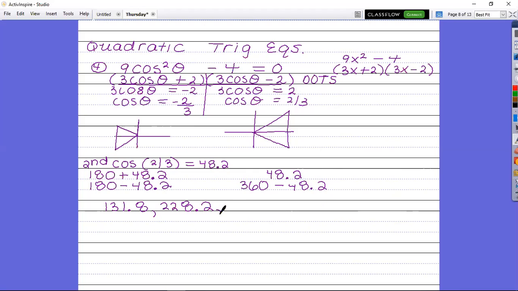So 48.2 was an answer, and one more, which was, I'm looking for it, sorry, 311.8. Okay, so that's a case where you've got all 4 of those solutions.